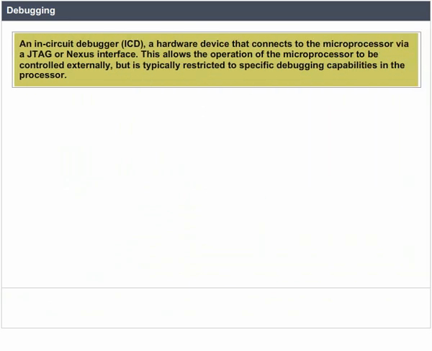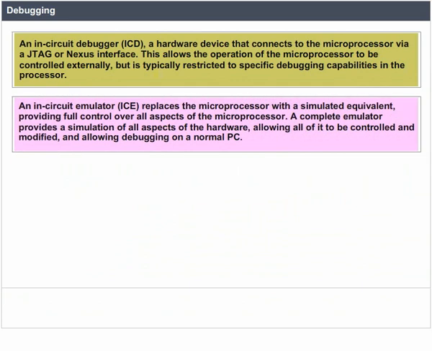An in-circuit debugger, ICD, is a hardware device that connects to the microprocessor via a JTAG or Nexus interface. This allows the operation of the microprocessor to be controlled externally, but is typically restricted to specific debugging capabilities in the processor. An in-circuit emulator, ICE, replaces the microprocessor with a simulated equivalent, providing full control over all aspects of the microprocessor.